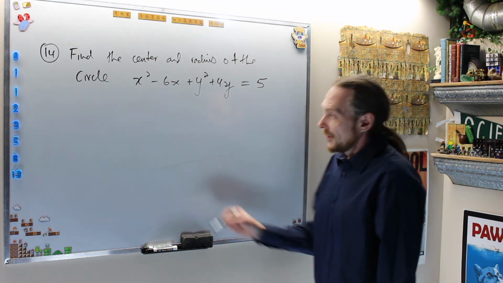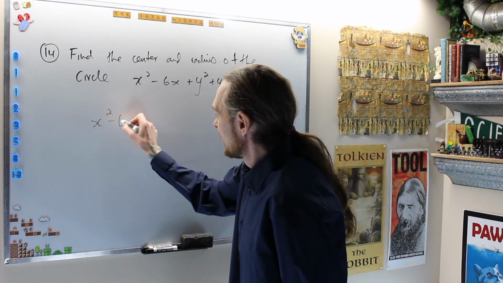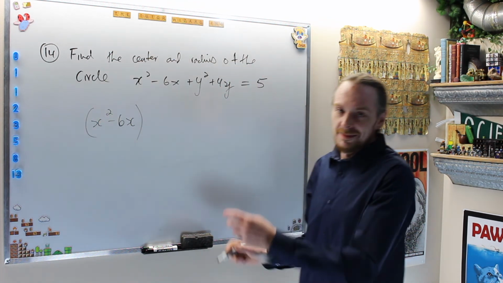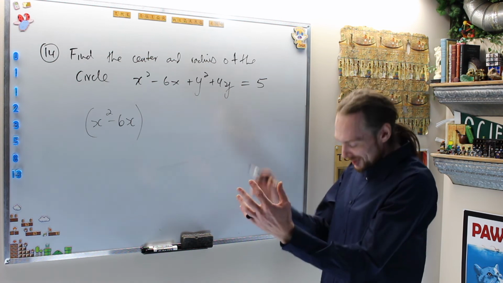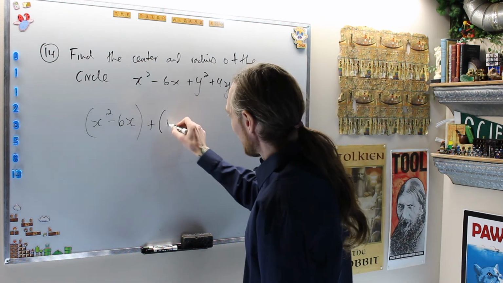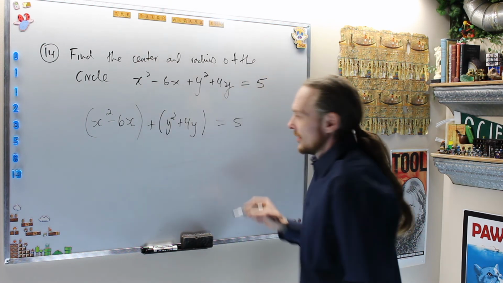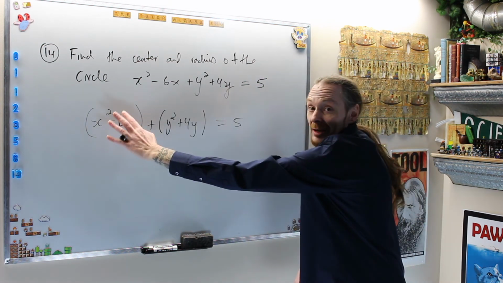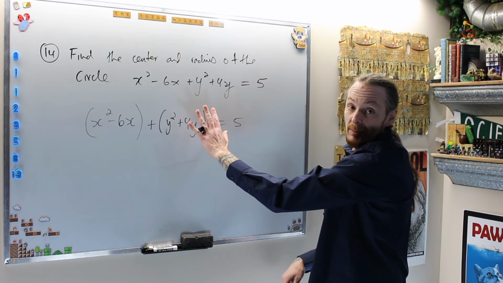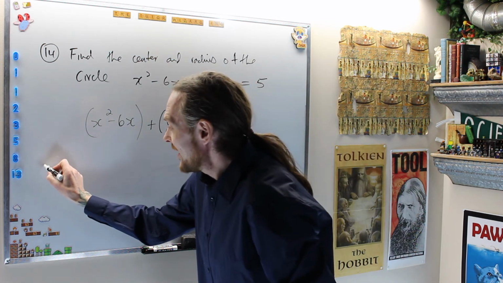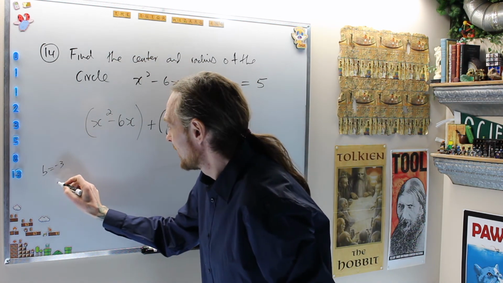Here we go. The first thing we do is I group them together. Essentially all I'm doing is putting brackets around them to make myself feel a little bit better. You can do that too. Once I've done that, I have to complete the square of this variable and complete the square of this variable. For this one, b is -3.